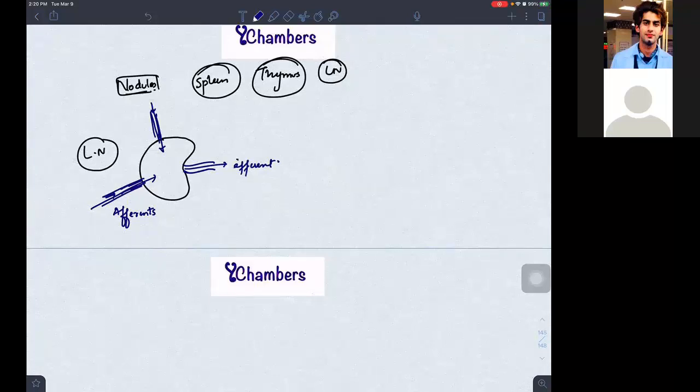E for efferent, E for exit. This is how I remember. And a lymph node is having a structure outside, that is the capsule. So I will say capsule is positive.